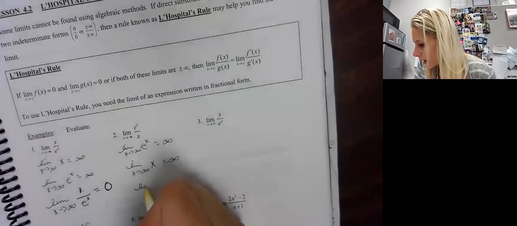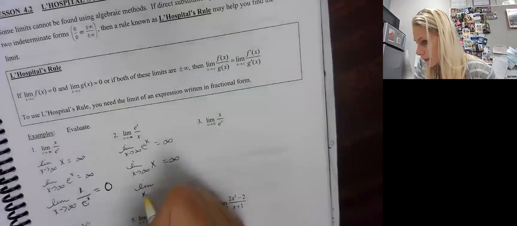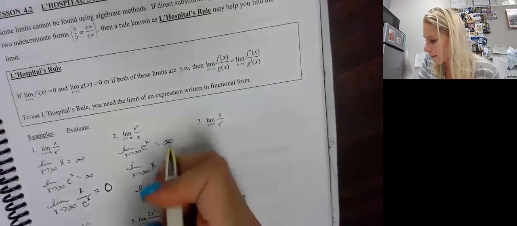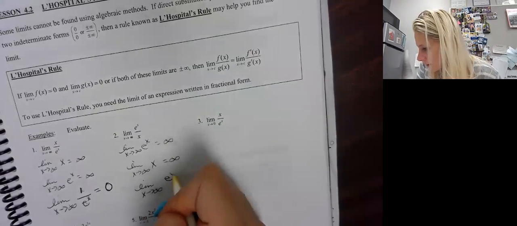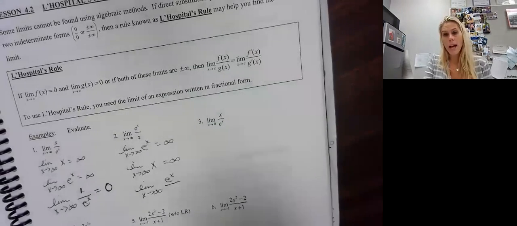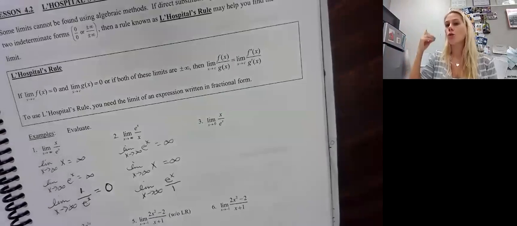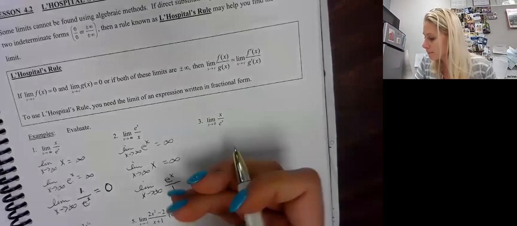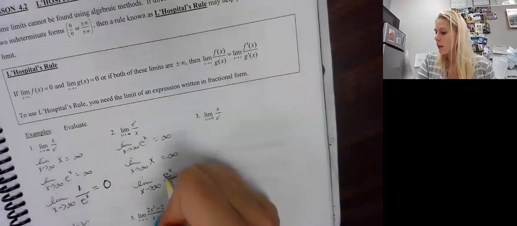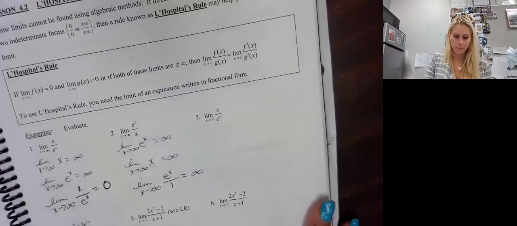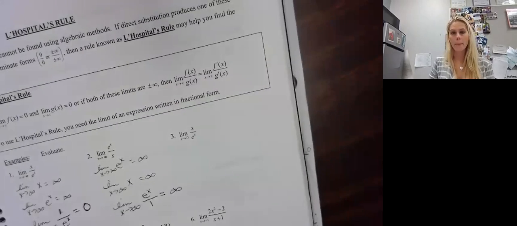So now I look at limit as x approaches infinity. Well, let's take the derivative. So e to the x derivative is e to the x. And the denominator, well, x derivative is 1. Don't forget, this isn't the quotient rule. It's taking the derivative of the numerator, derivative of the denominator. And now when we plug in, well, e to infinity is infinity. Done.